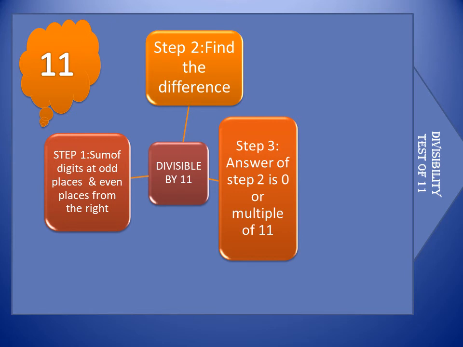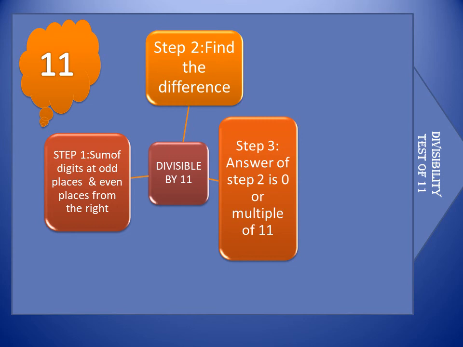And in the second step, we find the sum of the digits at the even places. Step 3, you find the difference of the sums so obtained, and check whether the answer you got is 0 or a multiple of 11. If so, it is divisible by 11.